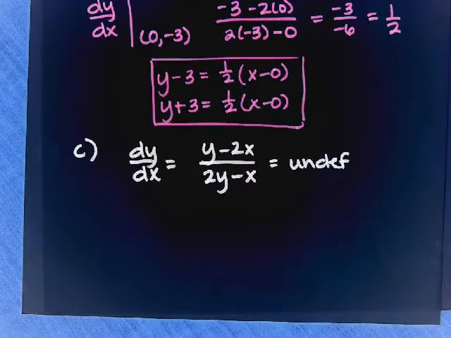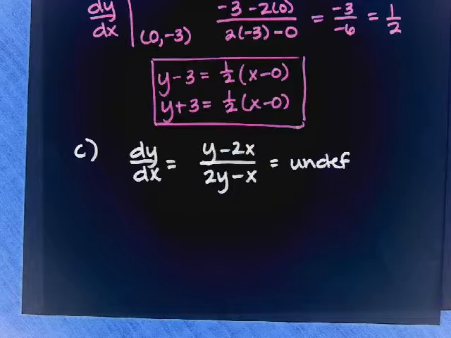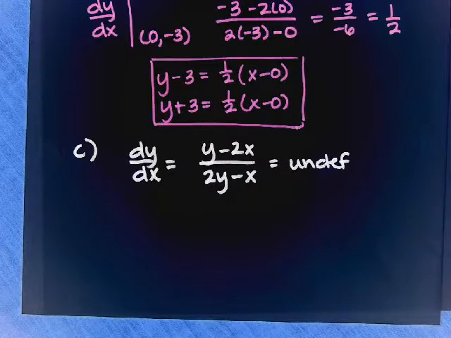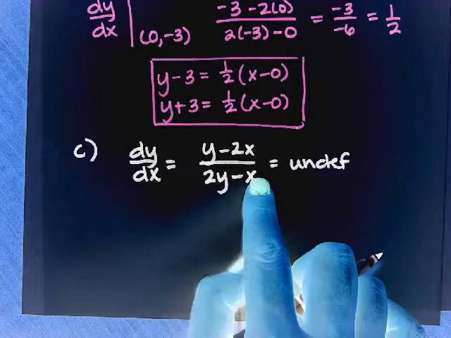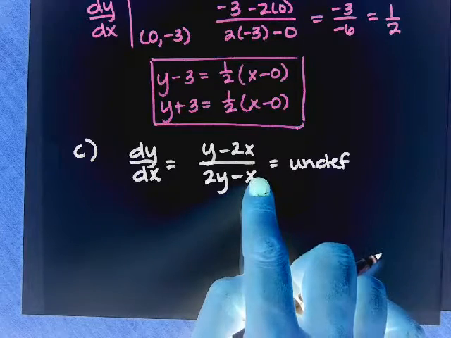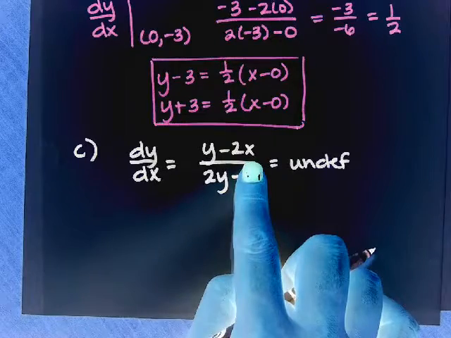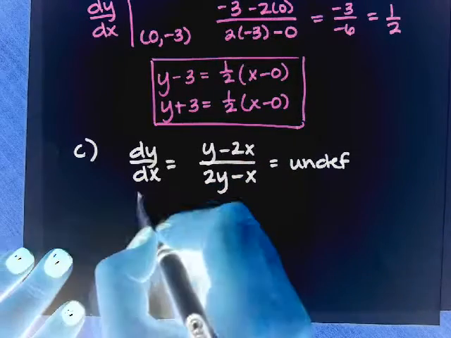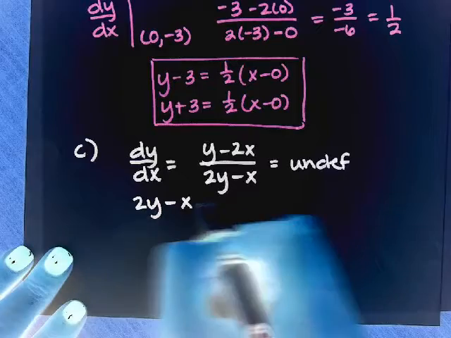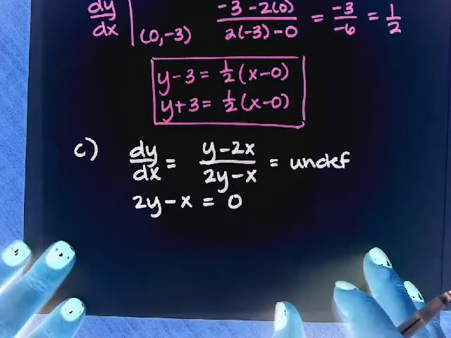And if we can find the point where it's undefined, then we can find the vertical tangent. If you wanted to find a horizontal tangent, what would you want your derivative to equal? So vertical tangent will make the bottom equal 0. Horizontal tangent, we would make the top equal 0. Does that make sense? Okay. So I'm going to take the bottom, 2y minus x, and set it equal to 0.